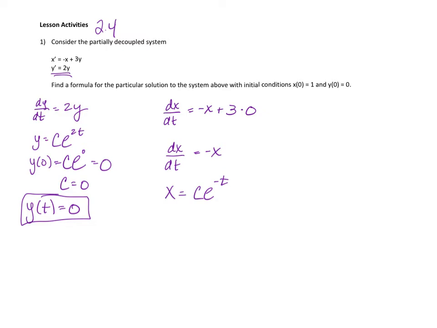And then we use the other initial condition, x of 0 equals 1, to solve for c. So x of 0 equals c e to the 0 is 1, which means c is 1. So my x of t solution is going to be 1 e to the negative t, e to the negative t.